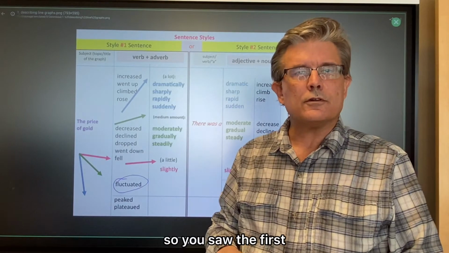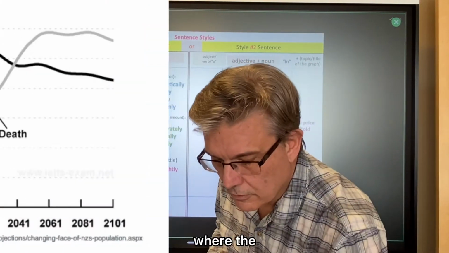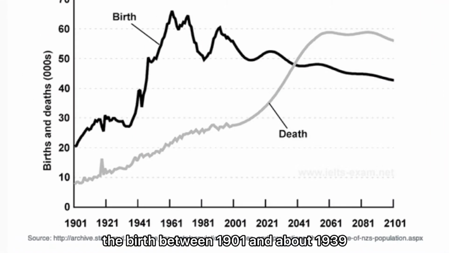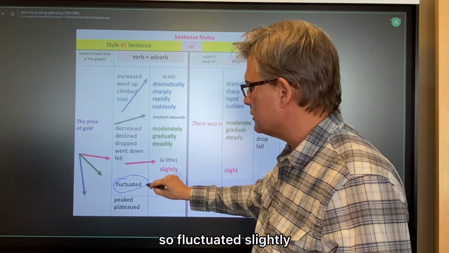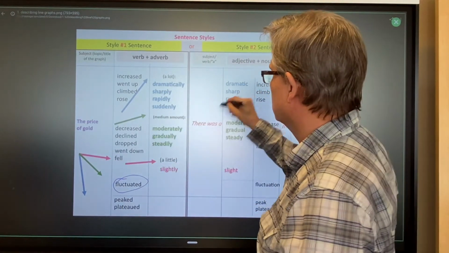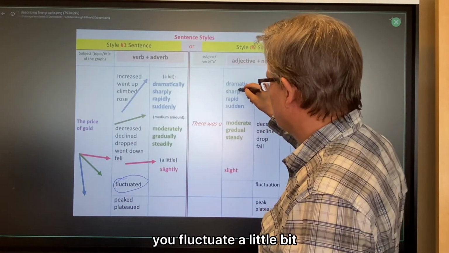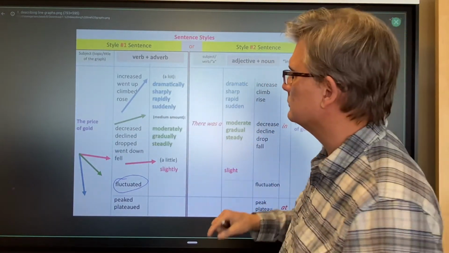So you saw the first part of the births graph, where the births between 1901 and about 1939 fluctuated between 20 and 30,000 per annum. So fluctuated slightly. You can fluctuate a lot. You fluctuate a little bit. Usually fluctuations are mild and they're small.